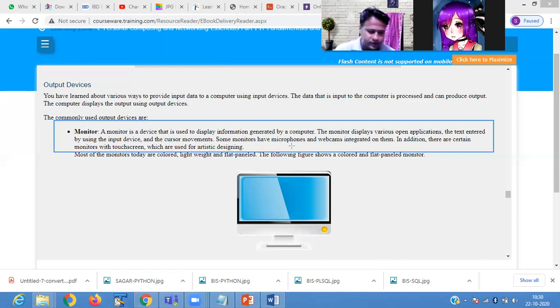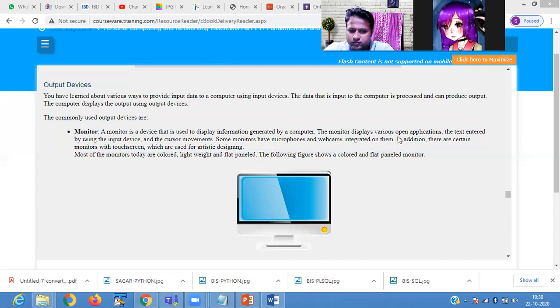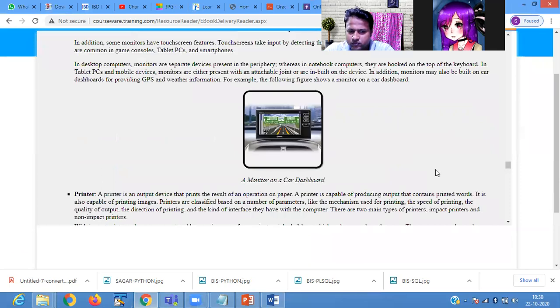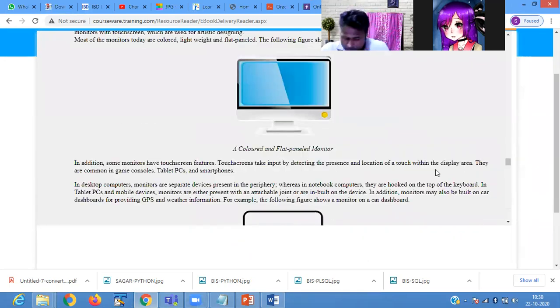So take a photo of this. Okay, then the heading is CRT monitor.